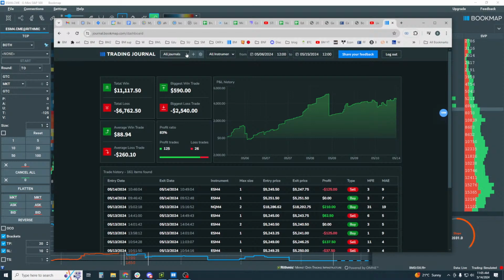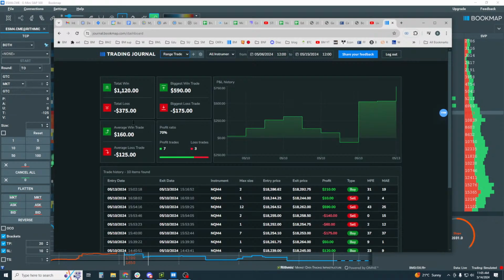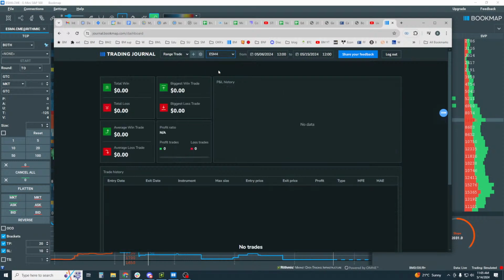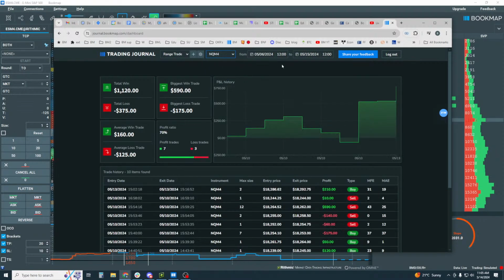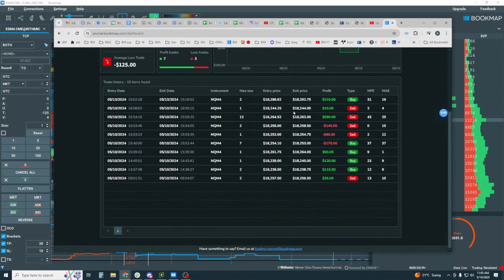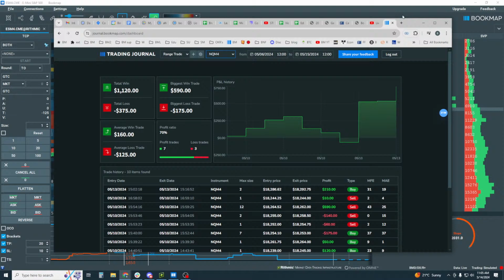It's really great. We have new journals that you can make in here. You can see I did this range bound journal, and you can also filter by instruments, the NQ or the ES. I didn't take any in the ES. Over the last week, we have all the trades in here as well. So you can really reflect off of this and gain a lot from your trading.